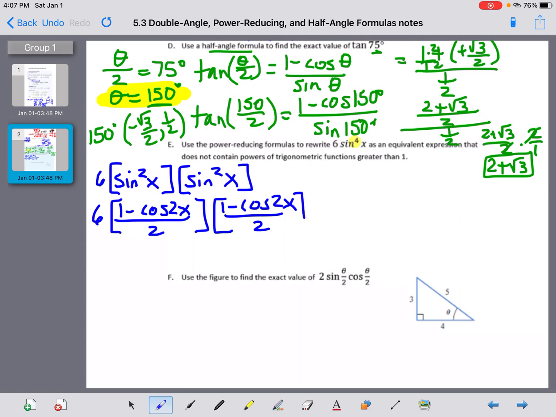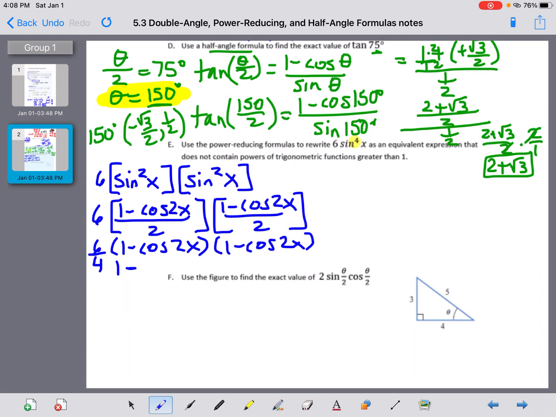all over 2. Okay? We really have a binomial times a binomial here, so we're going to go ahead and FOIL it. I'm going to give you a hint, though. 2 times 2 is 4. If we bring it out with the 6, making it 6/4, we don't have to worry about that. And I'm just taking 1 minus cosine 2x times 1 minus cosine 2x. Okay? And that's easier than trying to multiply fractions in there. So we're foiling. First times first is 1.